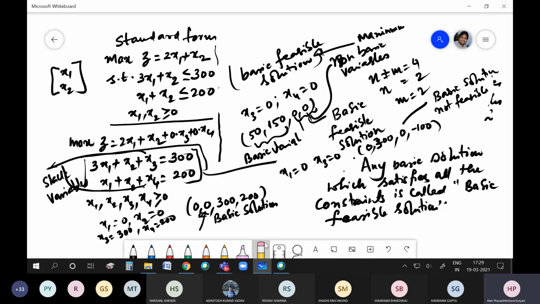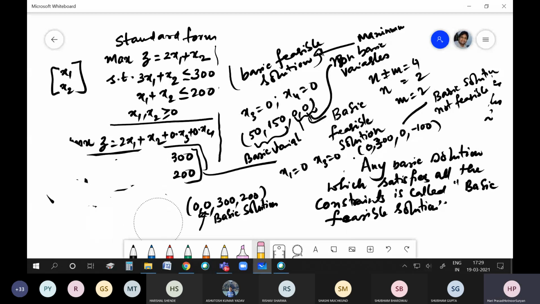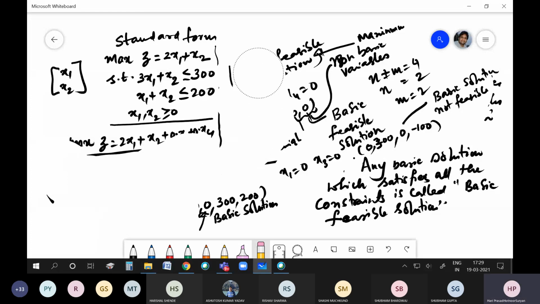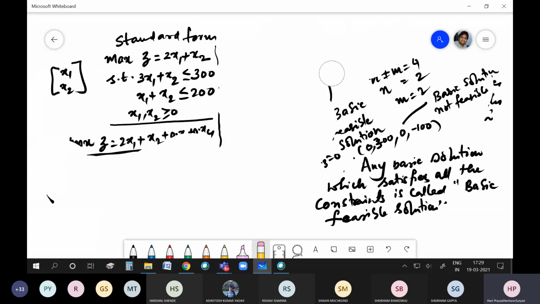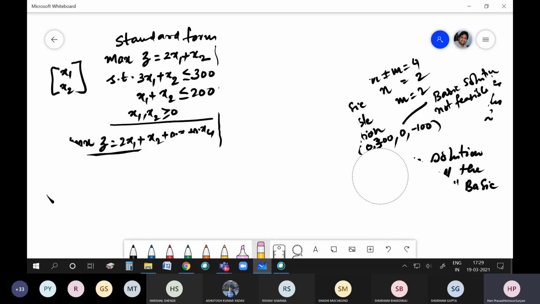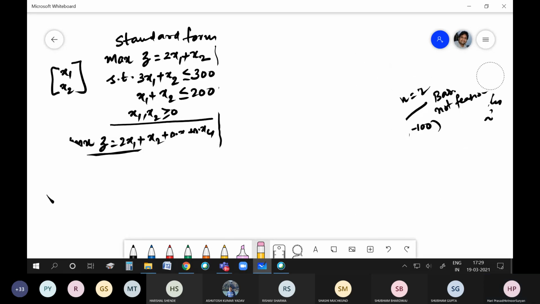Now let us look at it graphically. In the last class I plotted the graphical solution for this. If you look at it again, what I have just discussed becomes much clearer. So let us plot this again.